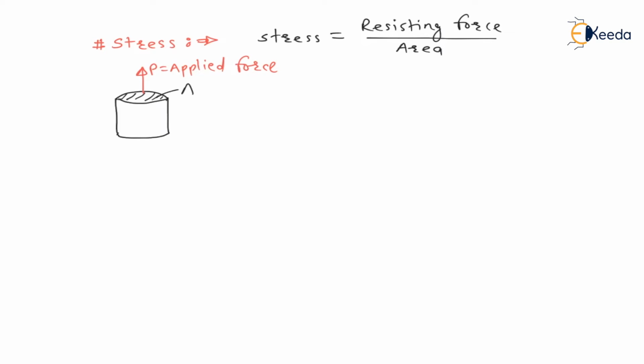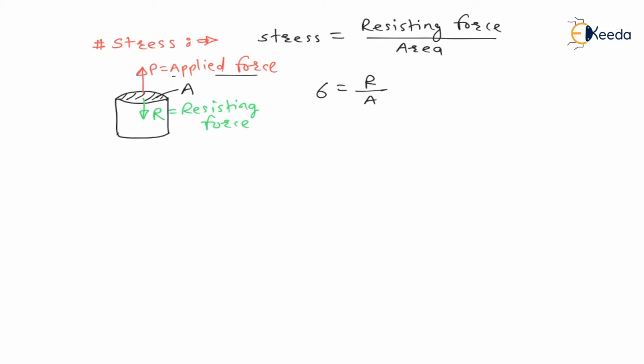Because of this applied force, the component will try to deform, and for this deformation there will be resistance in the element. This is a resisting force in the element, and because of this resisting force there will be stress. That means stress is nothing but resisting force divided by the area on which force is applied.